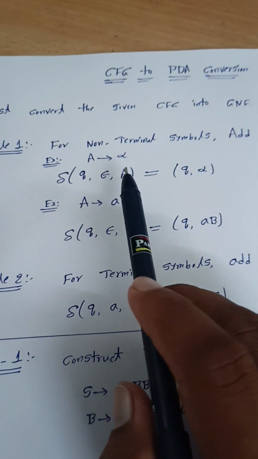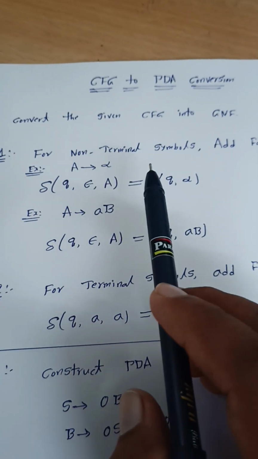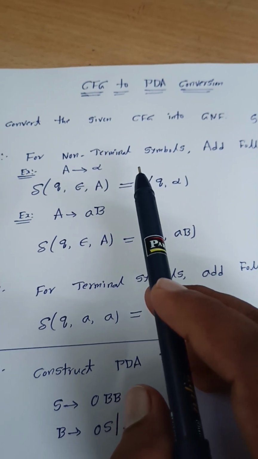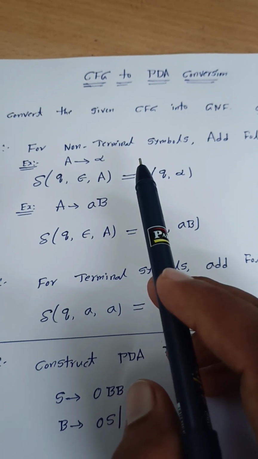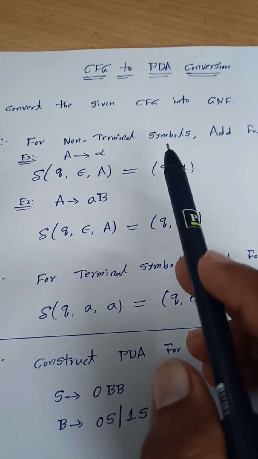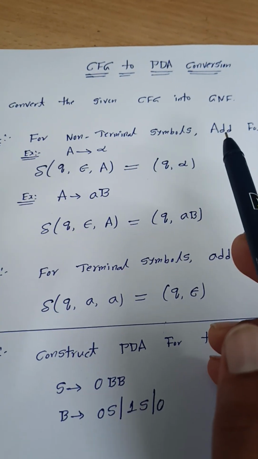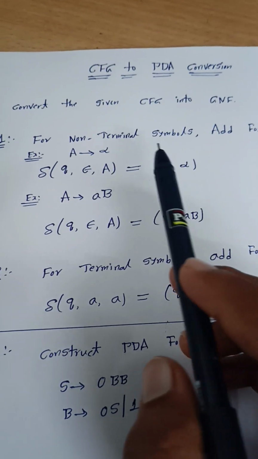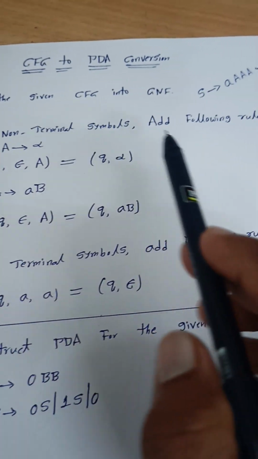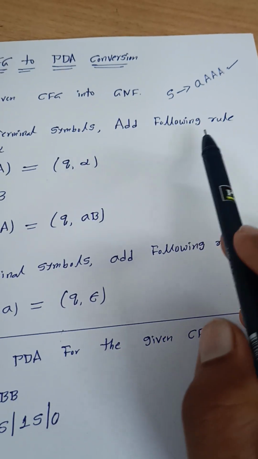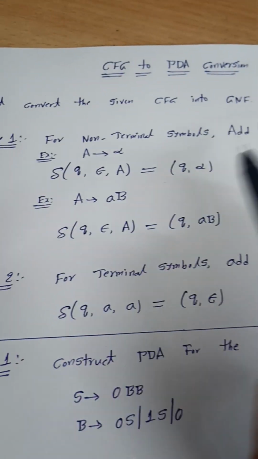The first rule: in each and every grammar, non-terminals are there and terminals are there. So for non-terminals, we add the following rule.